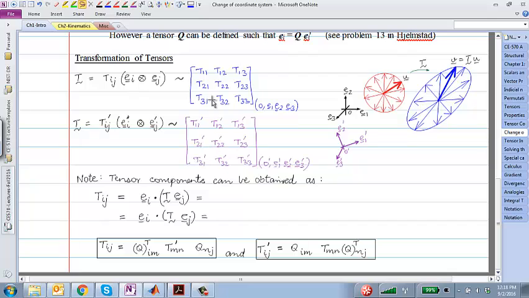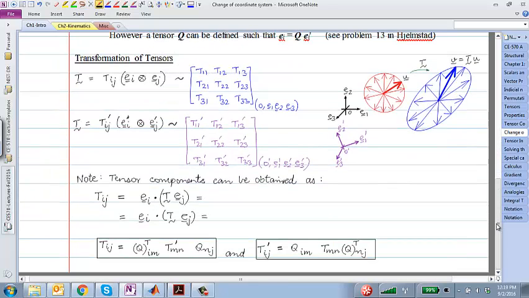But they're both referring to the same tensor. What tensor? This tensor. This entire thing is a tensor. This tensor can be expressed in one basis system or another basis system. Okay, and let's see how we can do that. I think I might just have enough time to do that, and then we'll call it a day.